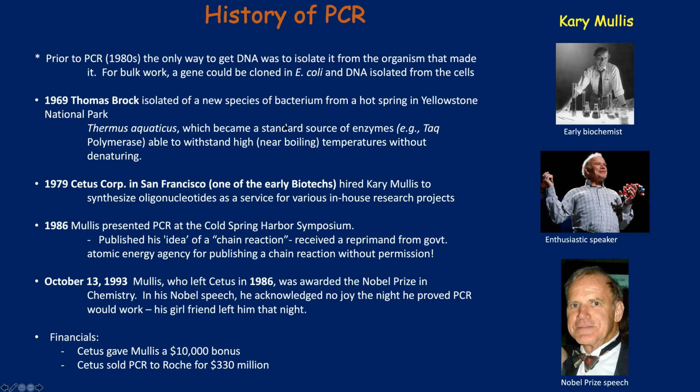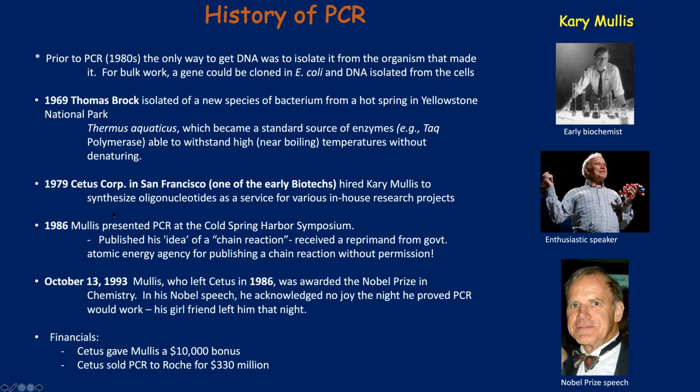And from that came Taq polymerase, this enzyme that can withstand boiling temperatures, and its optimum catalytic activity is at 70 degrees. Well, in 1979, a new biotech company in San Francisco hired a man named Kary Mullis for a specific job, which he never did.